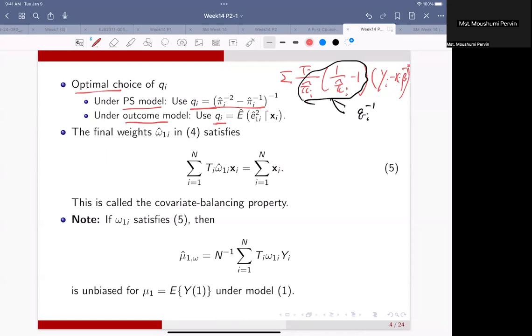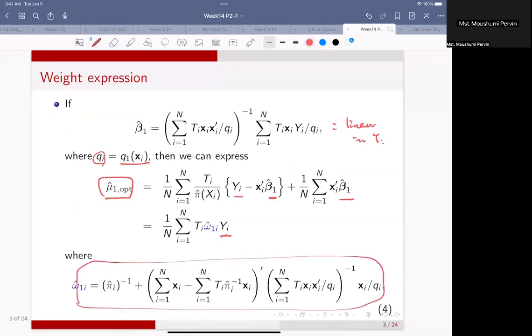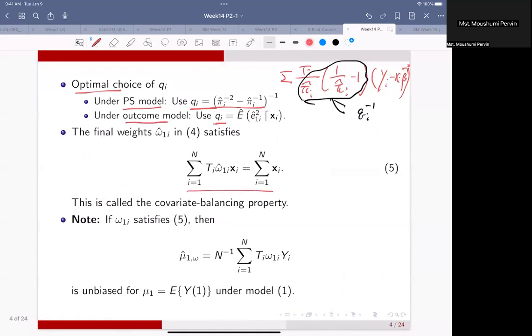This is more general. One thing you can check is that the proposed weight here satisfies this. That is a covariate balancing property. I think we covered this several times, but let me do it one more time.